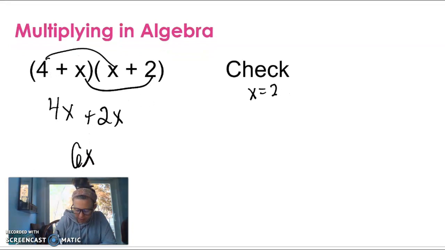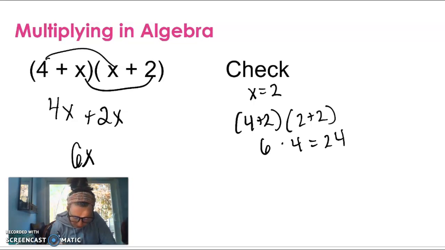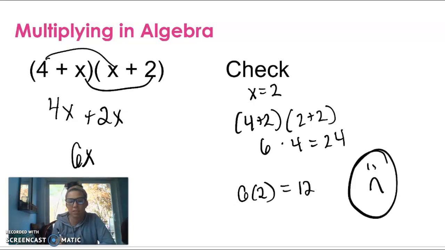So let's say x equals 2. So then 4 plus 2, and then 2 plus 2. That's like 6 times 4, which is 24. And then if we do 6 times 2, checking it with this expression, that's going to be 12. So it doesn't work. I know, it's awful.